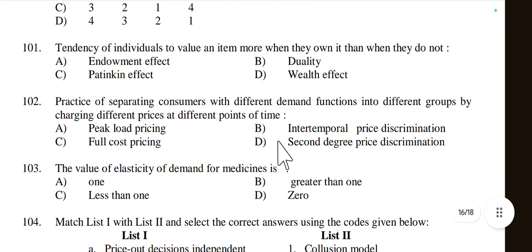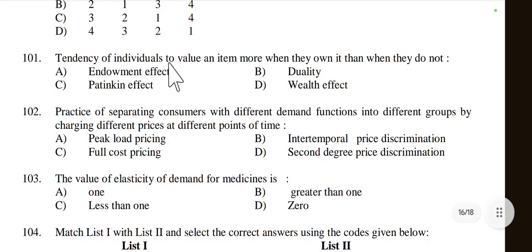Then question number 101, tendency of individuals to value an item more when they own it than when they do not. It is called as endowment effect, duality, Patinkin effect, or wealth effect. So it is called as endowment effect.